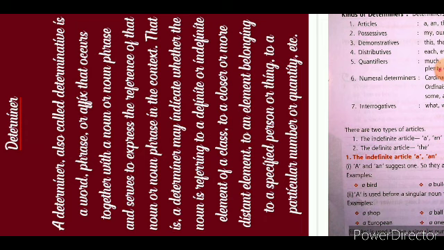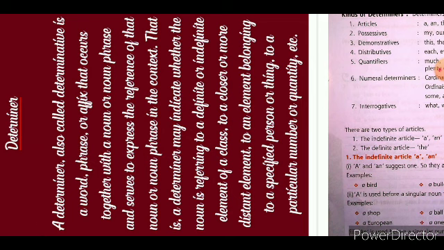It is just a word that limits a noun or pronoun, right? Sometimes it is a kind of adjective also, you can say. So this is all about determiners, that they can limit a noun or pronoun, right?